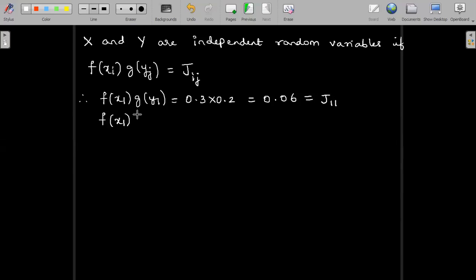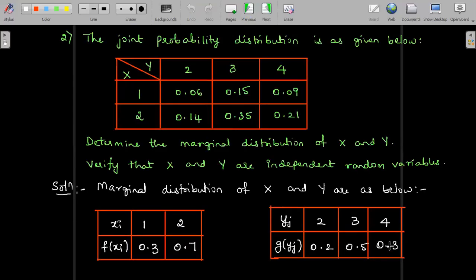Similarly, now we will fix x equal to 1, that is i equal to 1, and vary the value of j. So let me take j equal to 2, so g of y2 I would like to take. This will be 0.3 into g of y2. g of y2 is 0.5. Let me show it to you in the table. g of y2 is the second value, for y equal to 3, g of y2 is 0.5.